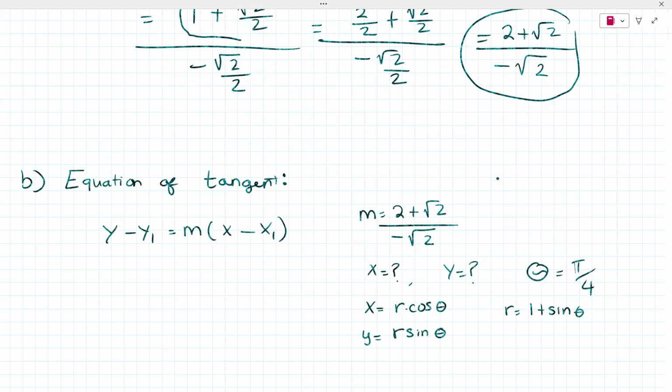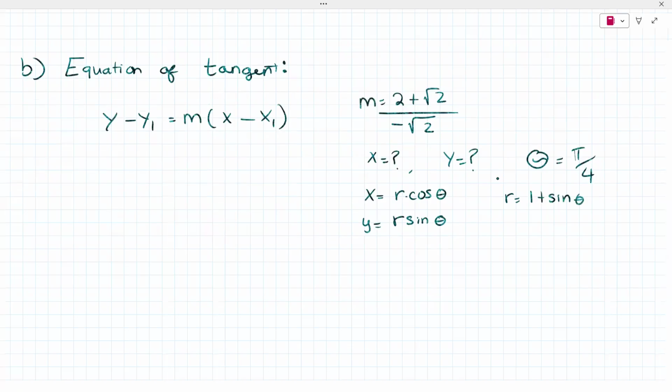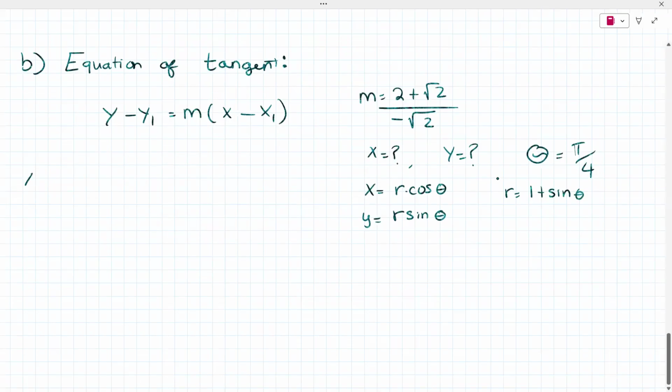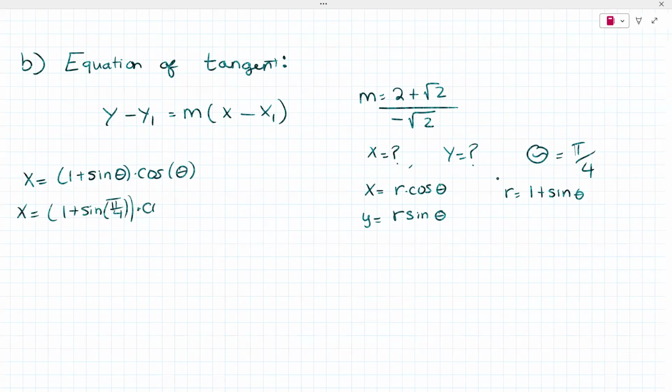Okay, so I think we can find the x and the y now, right? We can find the x coordinate and the y coordinate, so it's going to be x equals r, which is 1 plus sine theta, times cosine theta. And then all you got to do is replace theta with pi over 4, so that's 1 plus sine of pi over 4 times cosine of pi over 4.